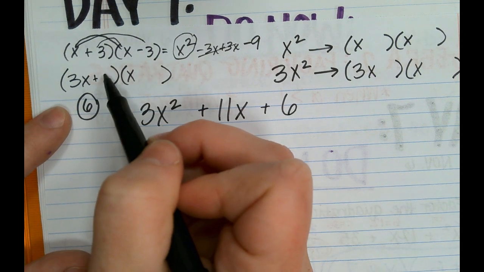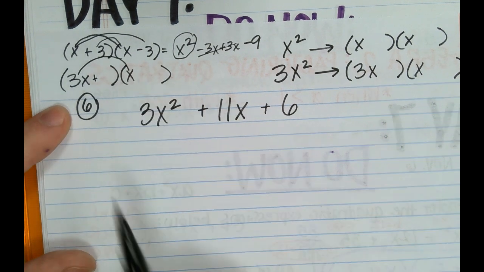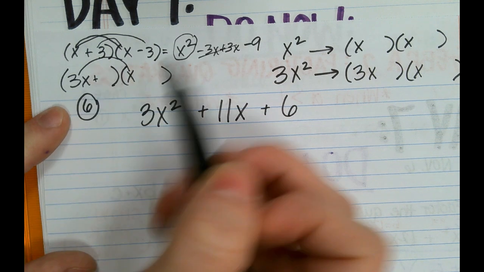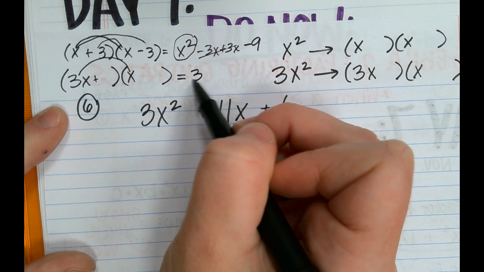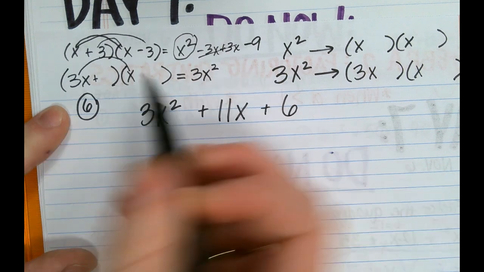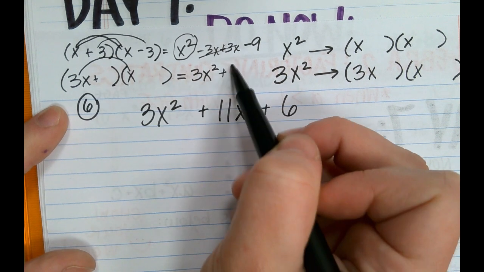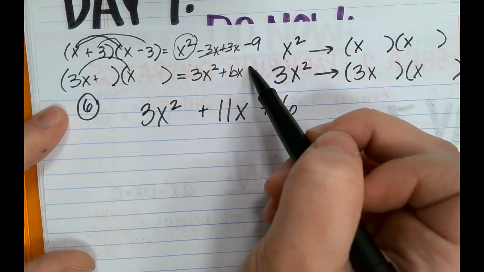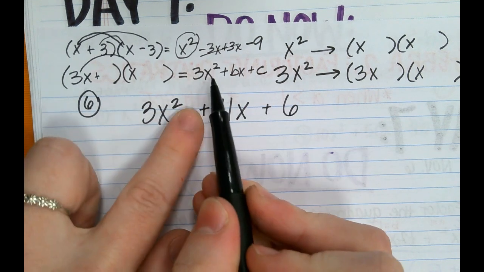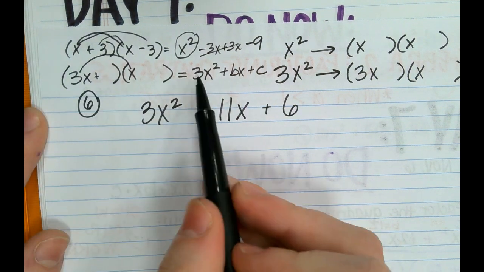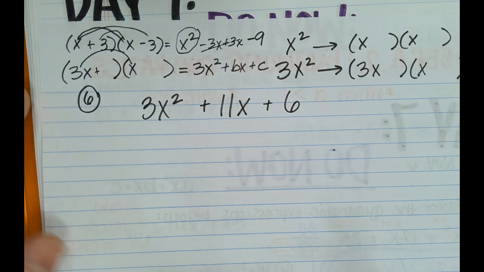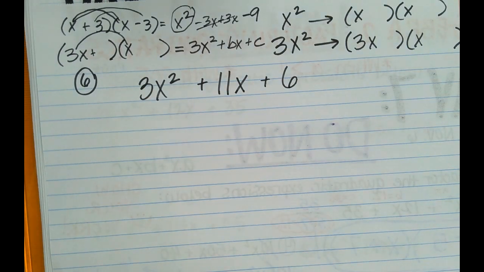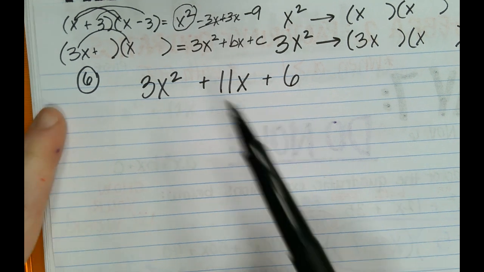So when I FOIL or do the box method, 3x times x equals 3x squared, and then it'll be plus something x plus c. Does that make a little more sense? When we factor anything, we're just finding the two things that we multiply together to make that number.